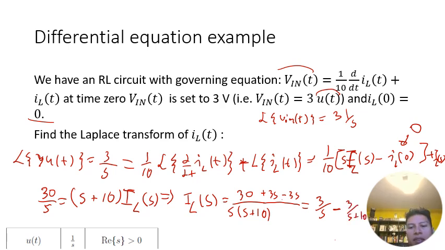Then I can take the inverse Laplace, and I'm going to get that I_L of t is equal to 3u of t minus 3e to the negative 10t u of t.